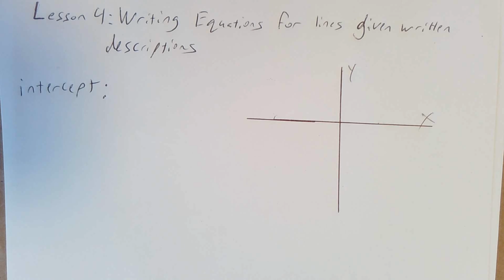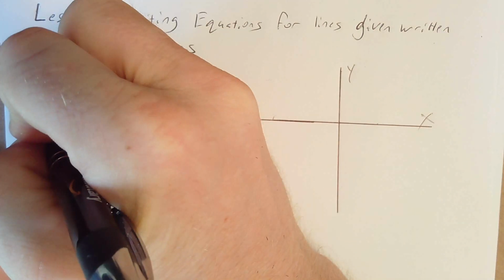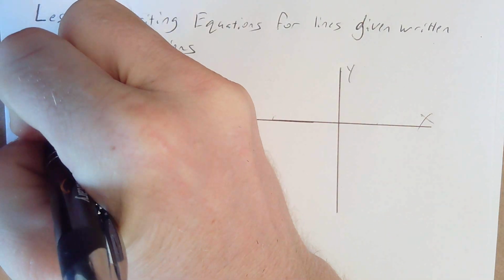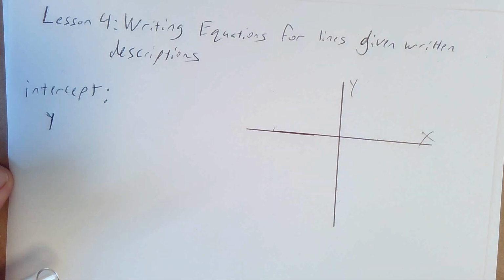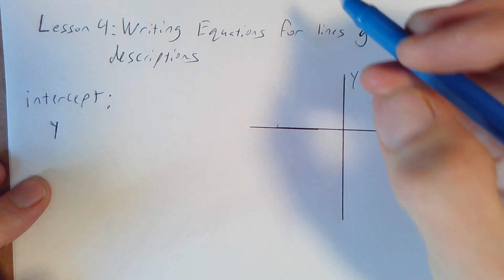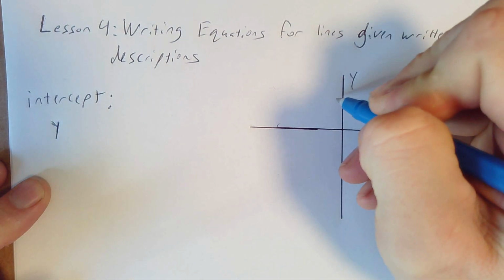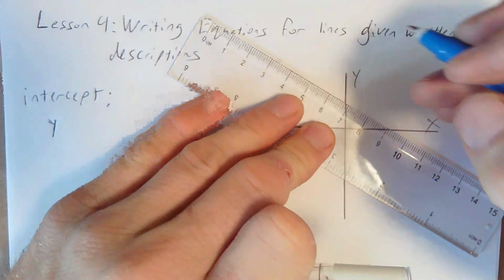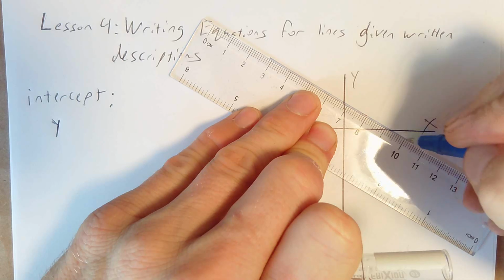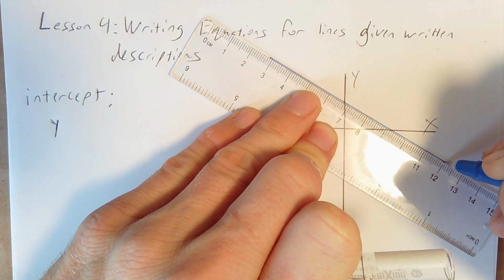Before we do that, we're going to talk more about what an intercept is. We already kind of know what the y-intercept is. The y-intercept is the y value when some function, we'll call this function blue, crosses the y-axis.